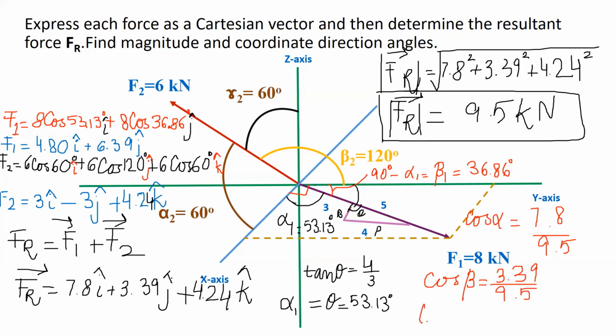Cos gamma is equal to 4.24 divided by 9.5, so you will get your gamma. When you apply cos inverse, you get alpha, beta and gamma. You will be able to find it yourself, because I have already told you in the previous videos how to solve these types of numericals. Hopefully it will be clear to all of you.